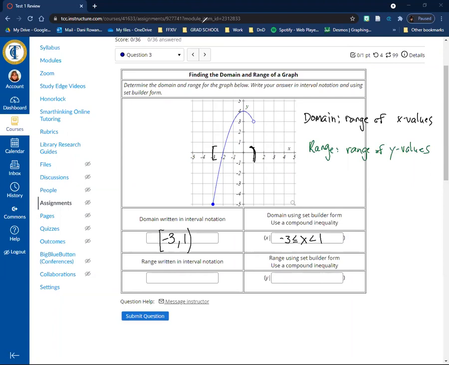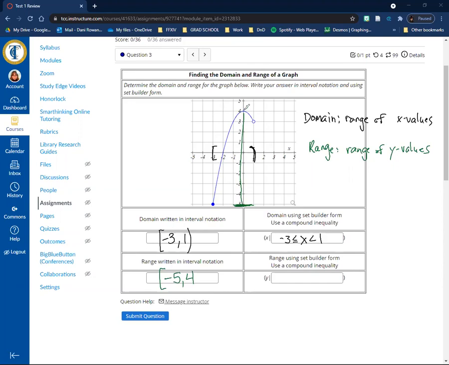Is it -5 and 4? Yeah, if you look at the graph, it starts here at -5 and it goes to 4. So -5 to 4. In interval notation, does it include the -5? Yep. Does it include the 4? No. Okay, let me go ahead and erase that.